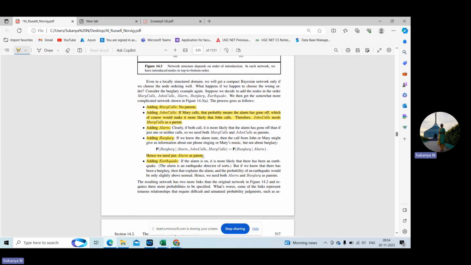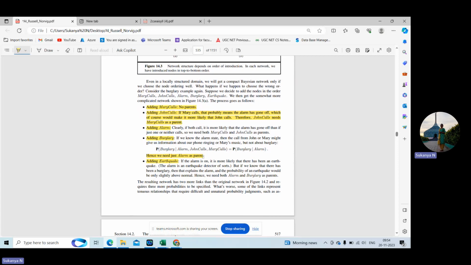But the thing is, how will he call? What if it is the alarm? If he is the parent for the alarm, we will be confused between the telephone ringing and the alarm, whether we are directly calling the person or not.